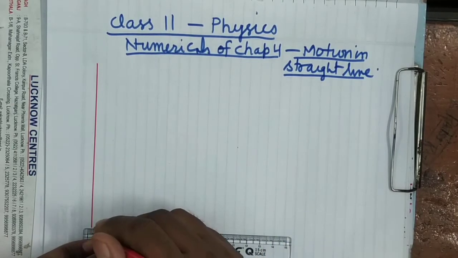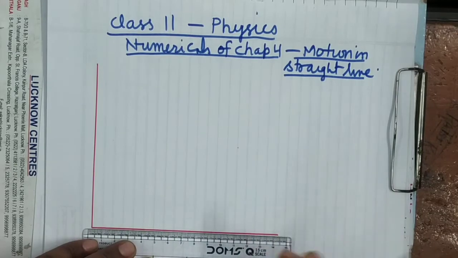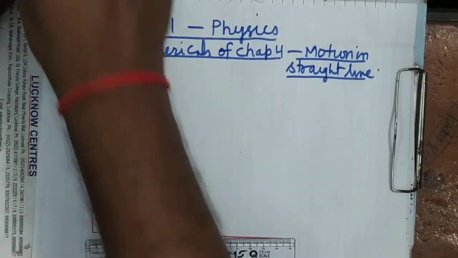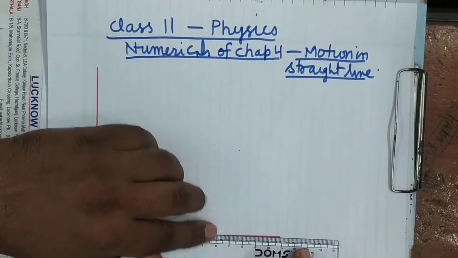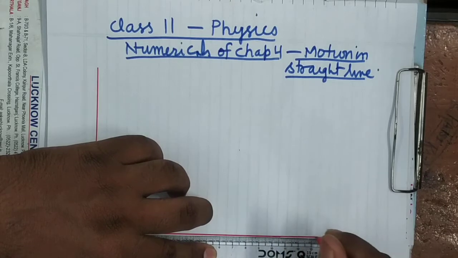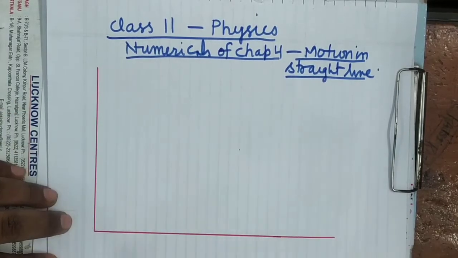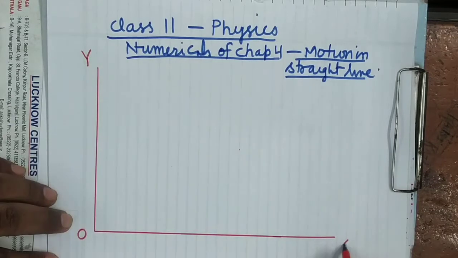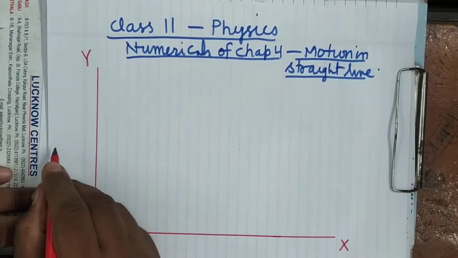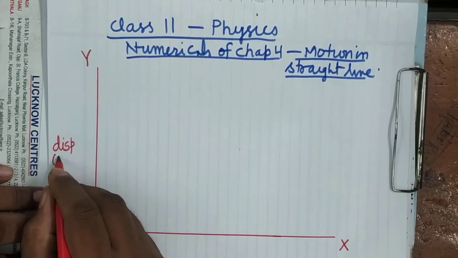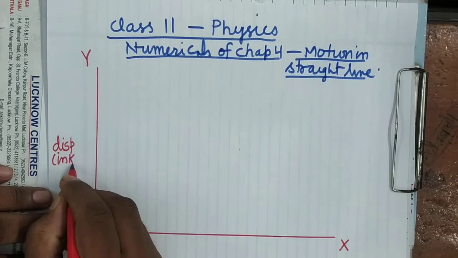Time is along x-axis. This is O, this is Y, this is X. Here you will take displacement, in kilometers.